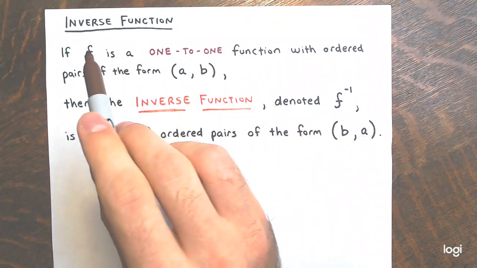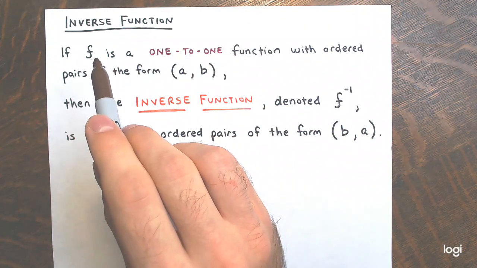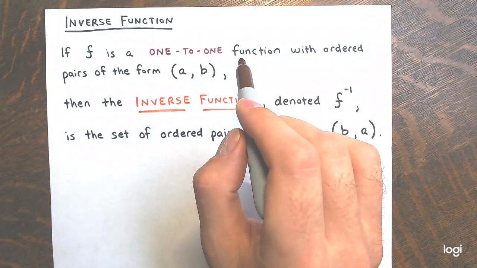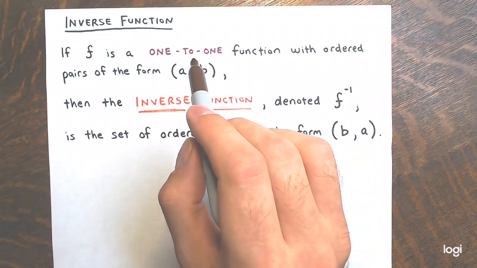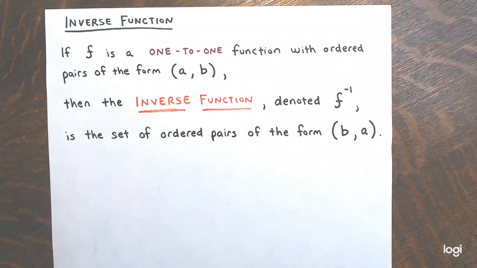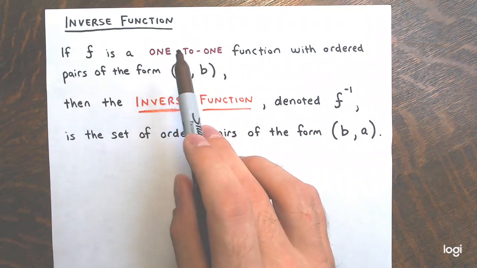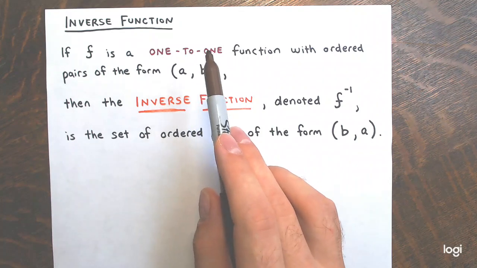If f, the function we start with, is one-to-one, and hopefully you remember what that means, that means that for every pair of different inputs, you get different outputs. No output is mapped to by two different inputs. I did a video on this earlier, if you want to look it up.